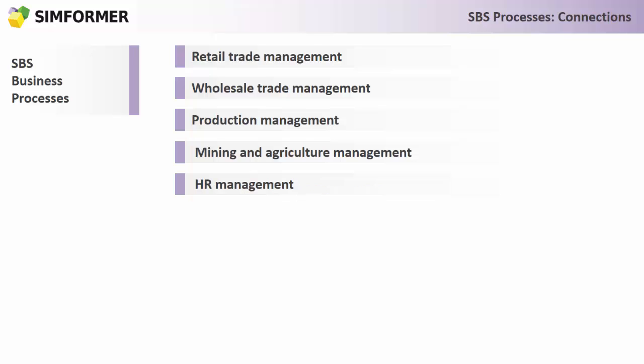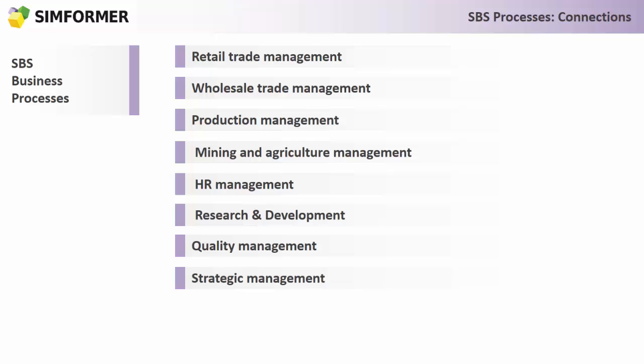HR management will directly affect the quality of services provided. This is also part of the strategy, as well as research and development, where you will be developing technologies. Quality management, as you manage certain production, managing and receiving the highest quality available is not an easy task. And finally, as you probably noticed, there's a possibility to segment the market.